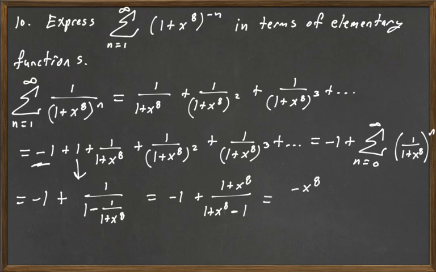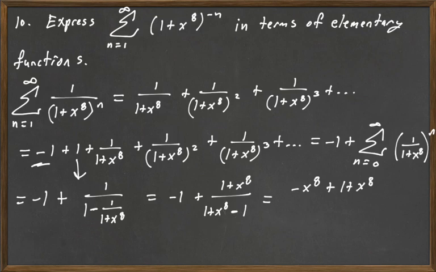Okay, and then I'm going to multiply the negative 1 by 1 plus x to the 8th. So it gives us negative x to the 8th plus 1. Oh, no. Sorry, guys. I'm going to multiply the negative 1 by, let's see, the denominator here is x to the 8th. That's what I did. Okay, sorry about that.